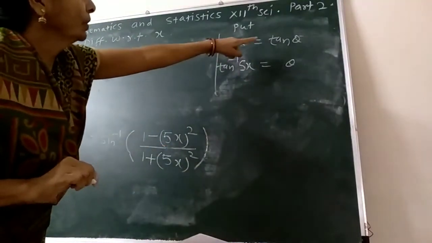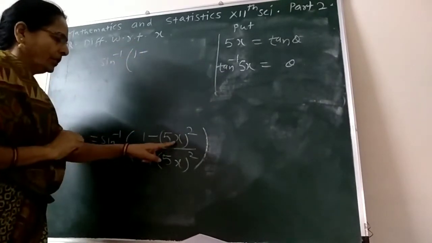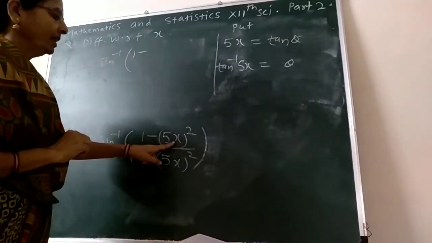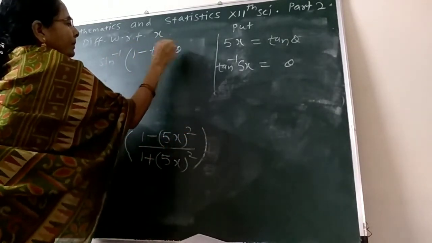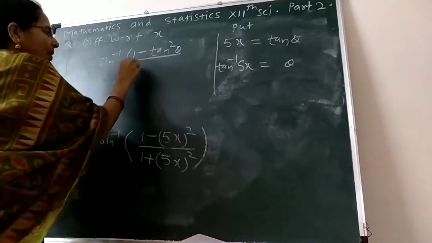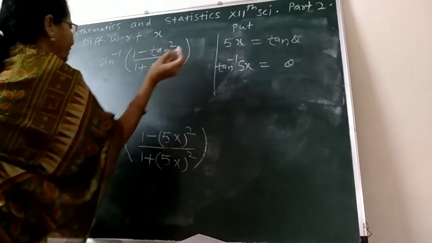Now 5x is tan theta, so 1 minus tan square theta upon 1 plus tan square theta.